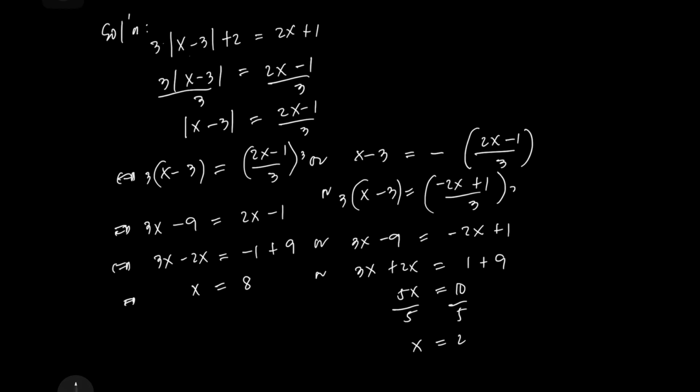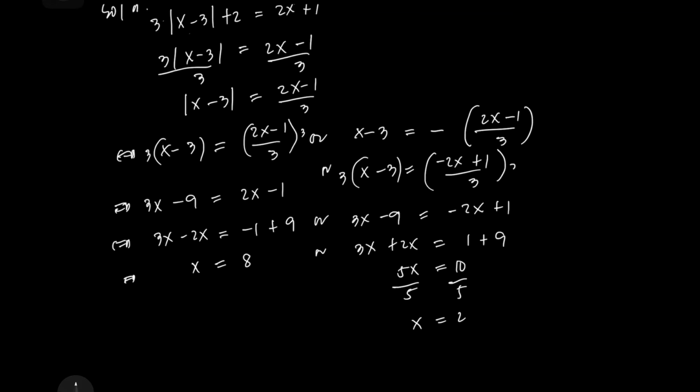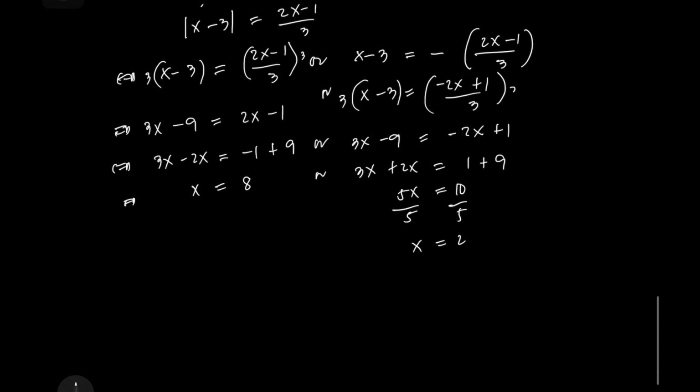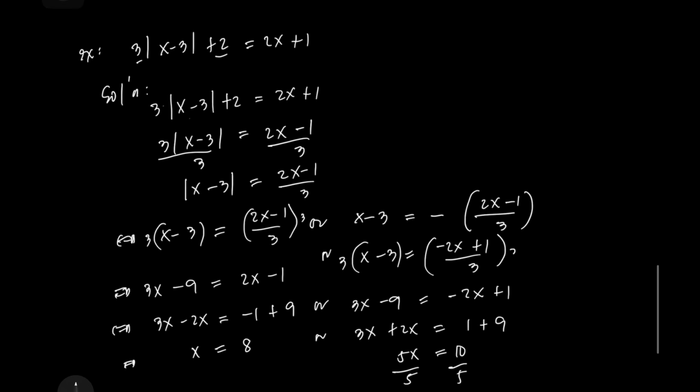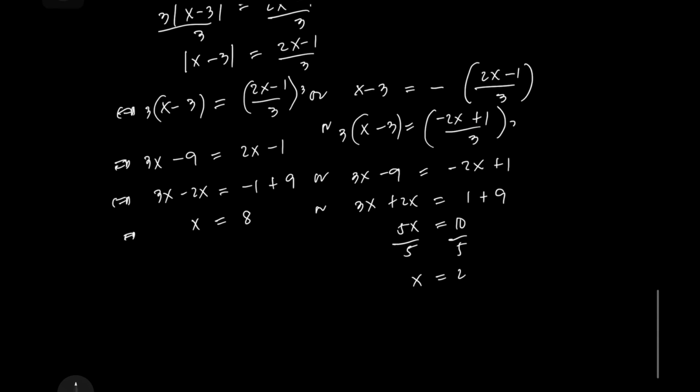The idea here is, if there is a variable outside the absolute value, you have to substitute whatever value of x comes up in your solution before putting it in a solution set, because it might not be a solution, or it might be a solution. So here, since we have x equals 8 and x equals 2, let's substitute first into our original problem.